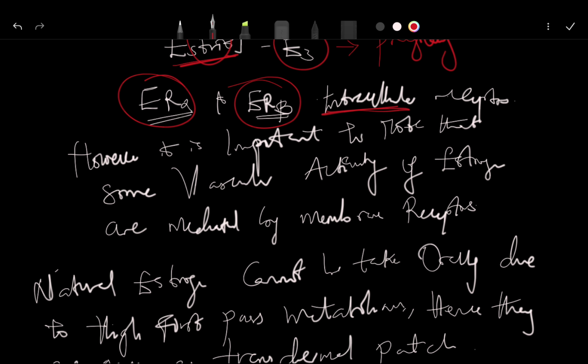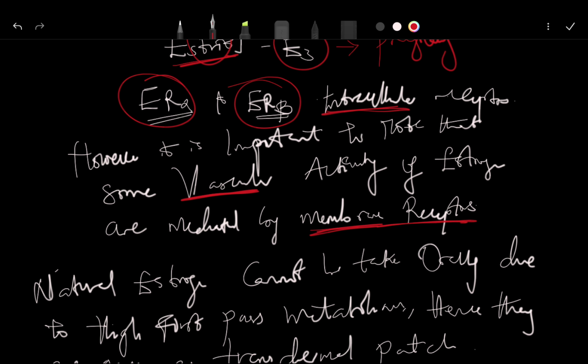However, it is important for you to note that there are certain actions of estrogen, the actions on the blood vessels, that are rapid and require a membrane receptor. So this is a side knowledge: certain estrogen receptors are located on the membrane of cells, not on the inside of the cell. For those receptors, the action of estrogen is rapid and is usually a vascular response.